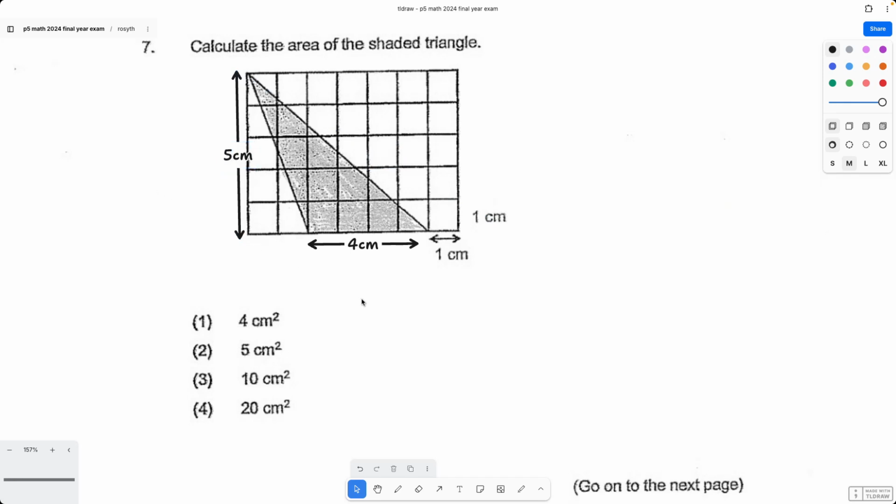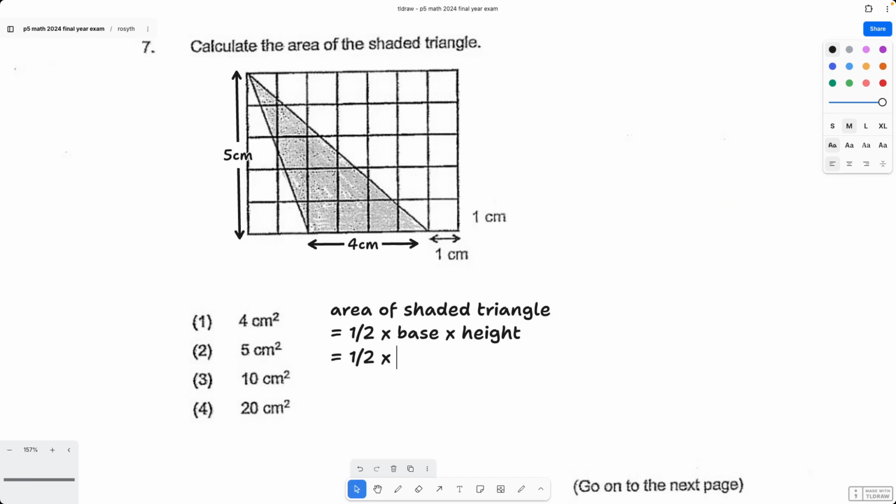Okay, so in this case, area of the shaded triangle is equal to half times base times height, which is equal to half times 4 times 5. So half times 4 is 2, times 5, which is equal to 10 centimeter square. And the answer to this is option number 3.